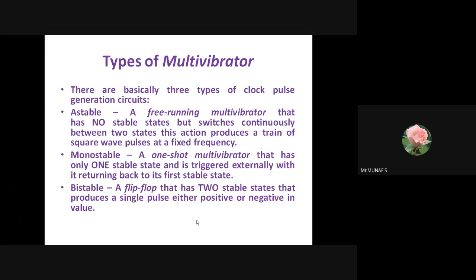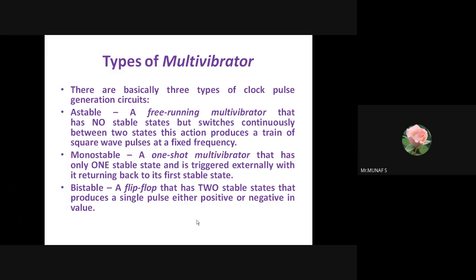Multivibrator types. There are three types: astable, monostable, and bistable. Another name for astable is free running multivibrator or free running oscillator. That means no stable state, so it is also known as quasi-stable state multivibrator. It switches from one state to another continuously, producing a square wave with a fixed frequency.